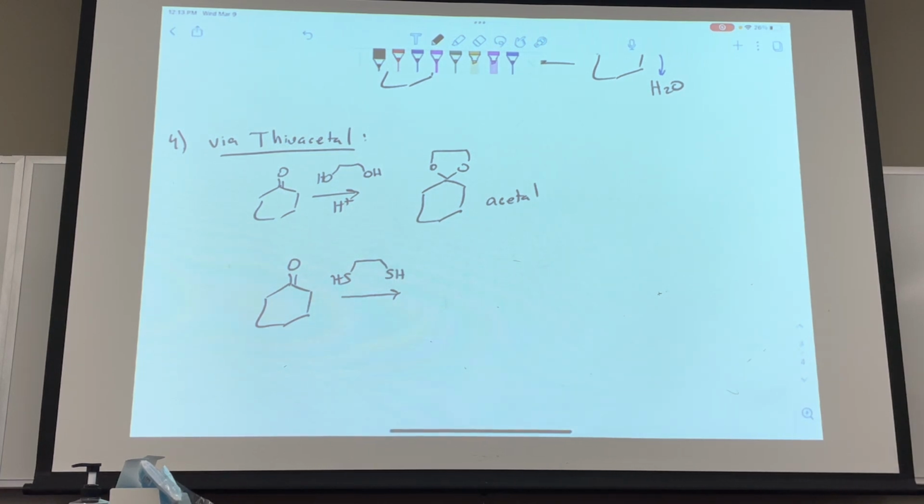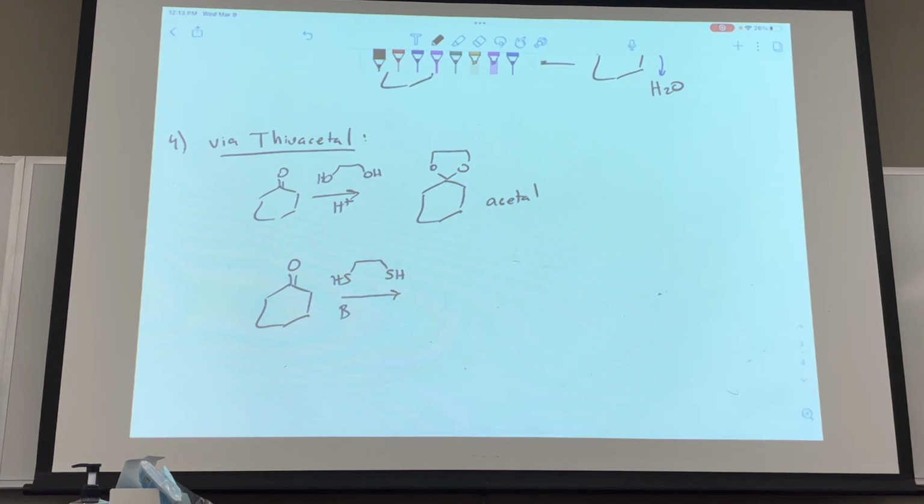Now the slight difference is that sulfur is more basic than oxygen. It's a bigger atom, it's a less electronegative atom, its lone pairs are more available to do things like grab protons. Because of that, instead of using a Bronsted-Lowry acid that could potentially protonate the sulfur, it's more common to use a Lewis acid.